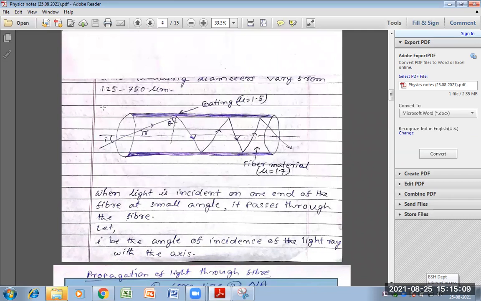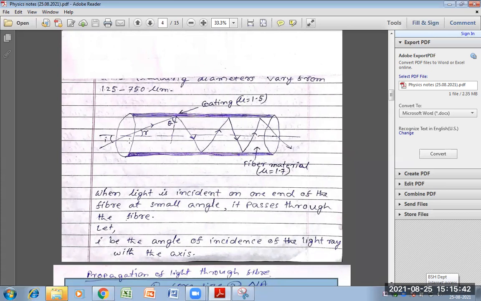Then phi, the angle made at the boundary surface of core and cladding, will drop below the critical angle C, and the ray escapes from the side wall of the fiber. So the largest value of I occurs when phi is equal to C.